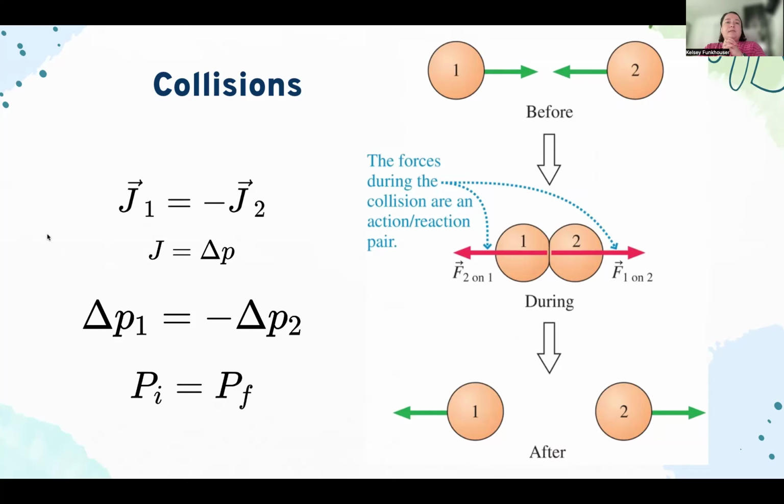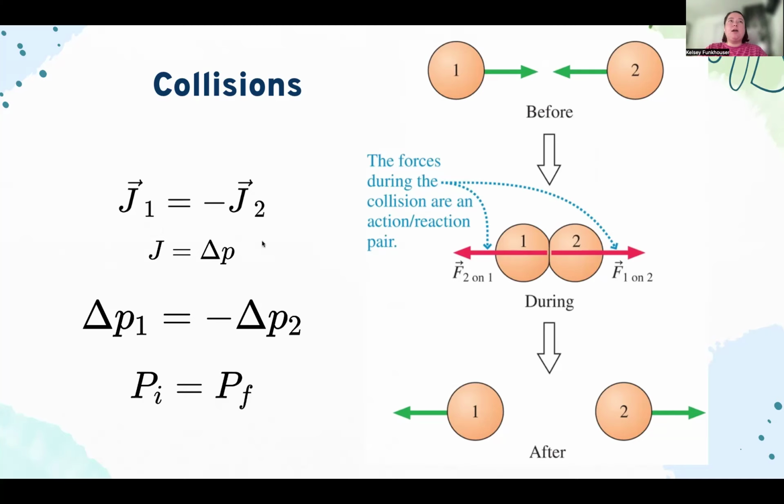And since the impulse's force, our average force, times the time interval is going to be the same. They're colliding, so they're both experiencing it for the same amount of time. And since the force is also the same, just different direction, their impulse is the same. So the impulse of object one is equal, well, sorry, equal and opposite in direction.